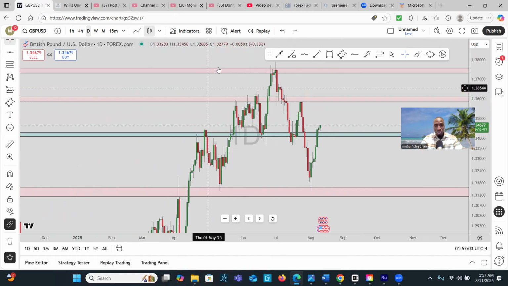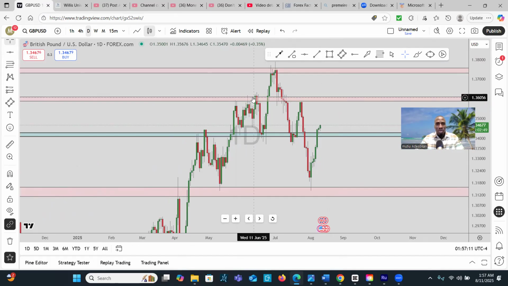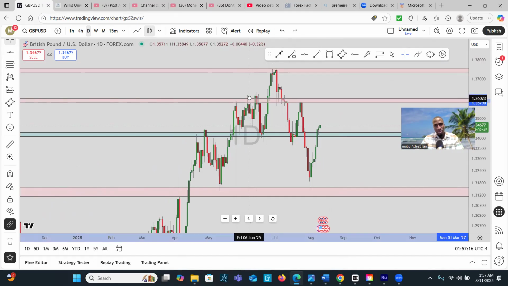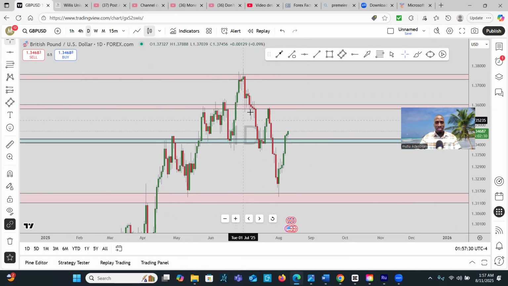So instead of just using the horizontal level, which doesn't cover everything, you can see that this rectangle shape kind of covers the whole area: resistance, resistance, resistance, support now here. So that shows a lot for us, and that gives us a cleaner chart about what we should be expecting when price gets to that level.